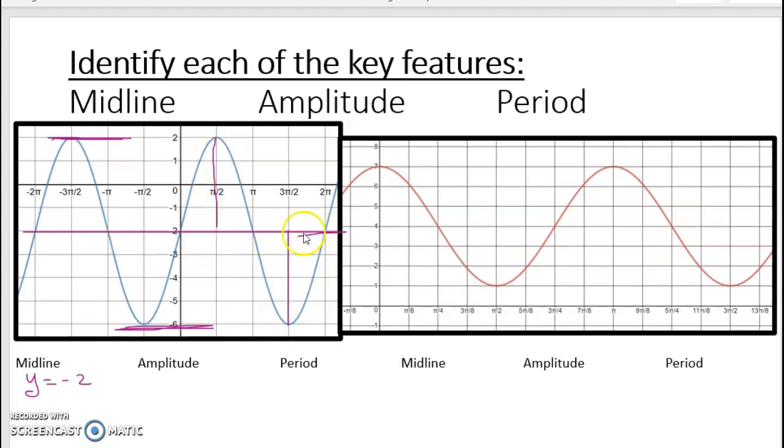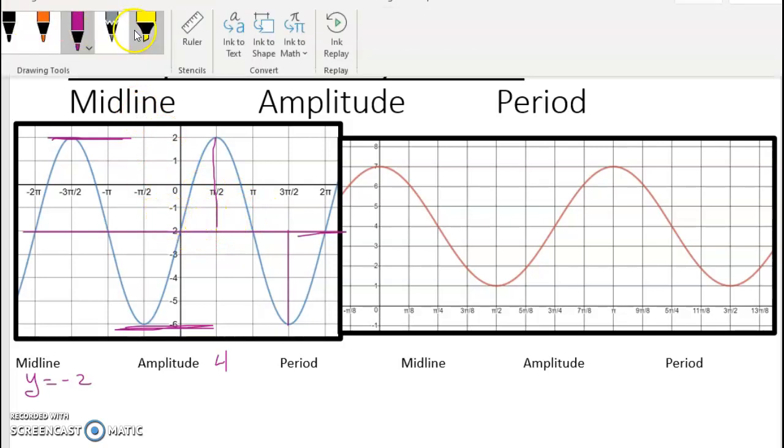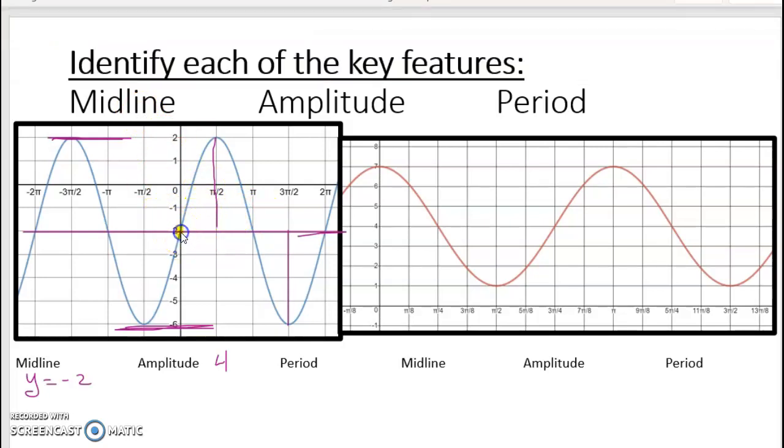Because remember, the midline was halfway, 1, 2, 3, 4. So my amplitude would be 4. For my period for this function, I would follow the wave. If I take my highlighter and start on the y-axis and follow the wave until I get back to where I started from, I have to do both a min and a max, and come back to where I started from.